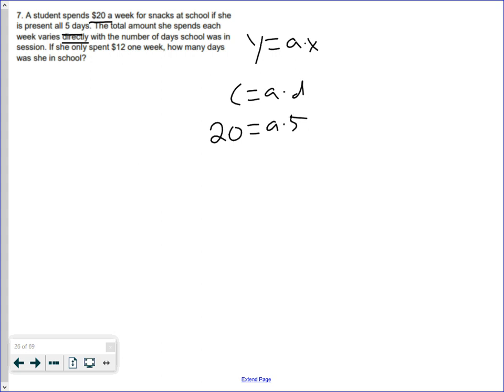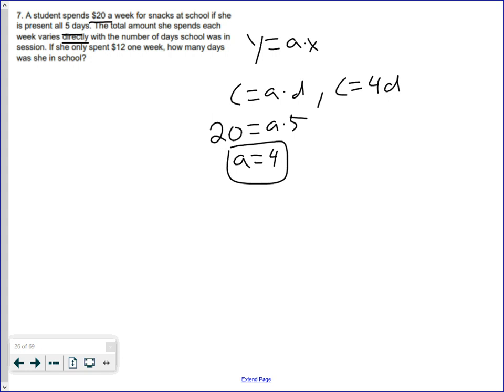So the cost is $20 if D is 5. So we can solve for A really quickly and get that A equals 4. Divide by 5 on both sides. 20 divided by 5 is 4. So that's half the problem, because now we have our actual equation for this problem. It's C equals 4 times D.